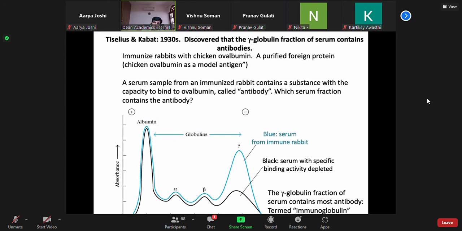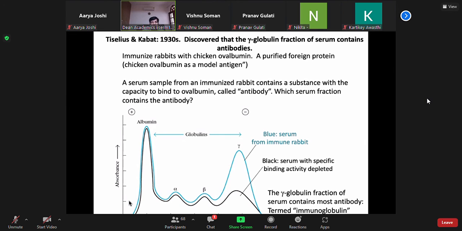You can centrifuge, and all the precipitates, the bound form, will settle at the bottom of the tube. Whatever fraction is unbound, you collect, and then you find out what has changed in the unbound fraction versus the whole serum. This is the kind of experiment they did.